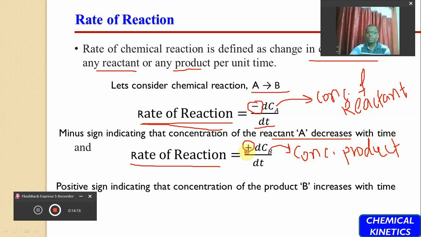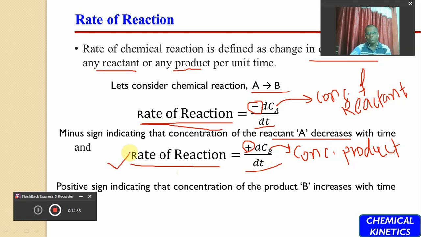This positive sign indicates that the concentration of the product increases with increasing time. That's why it has the positive sign. And this plus dCB by dt indicates the increase in concentration of product with the change in time, so it is also called the rate of reaction.